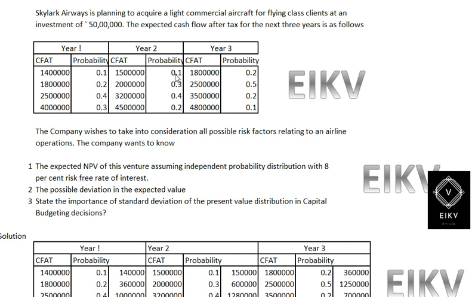Year 2 CFAT, that is cash flow after tax: 15 lakh, 20 lakh, 32 lakh, 45 lakh, with probabilities 0.1, 0.3, 0.4 and 0.2. Then year 3 cash flow after tax: 18 lakh, 25 lakh, 35 lakh and 48 lakh, with probabilities 0.2, 0.5, 0.2, 0.1.